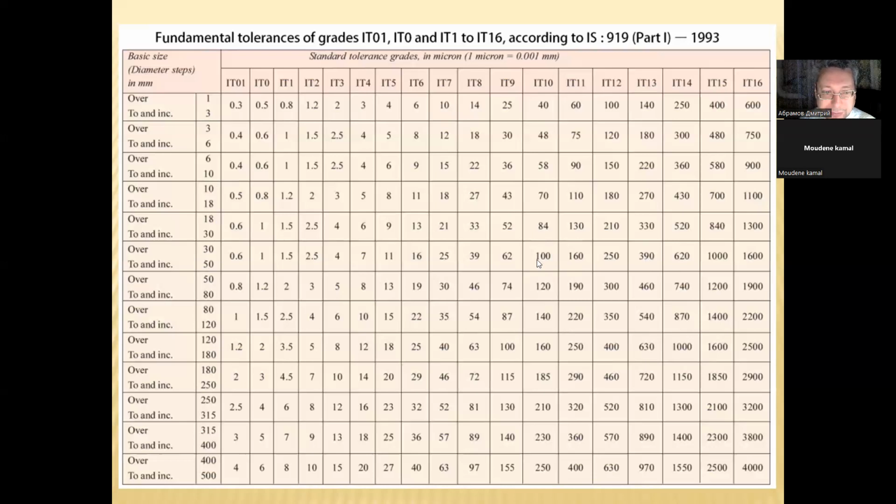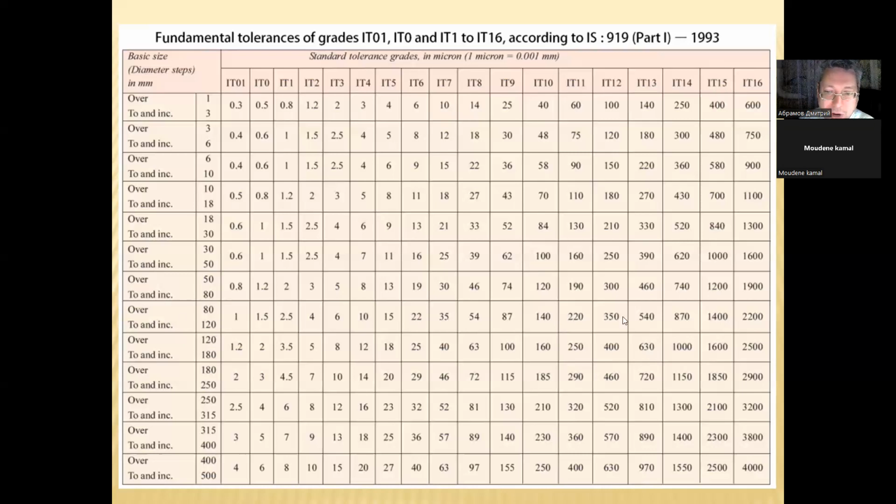For example, a hole with nominal diameter 115 millimeters. 115 is between 80 and 120.